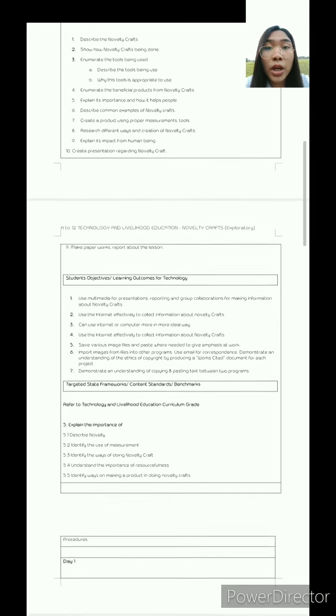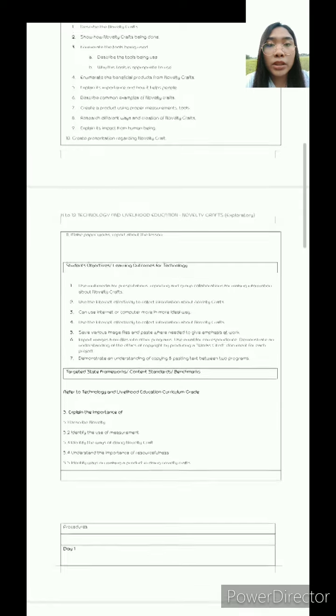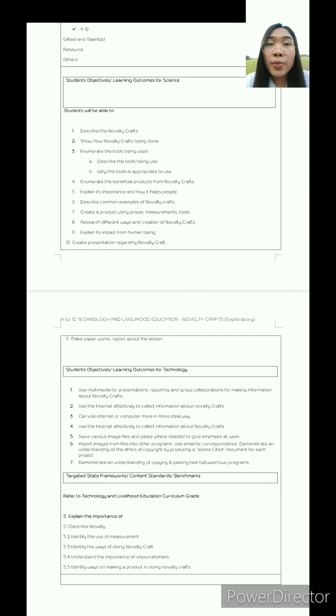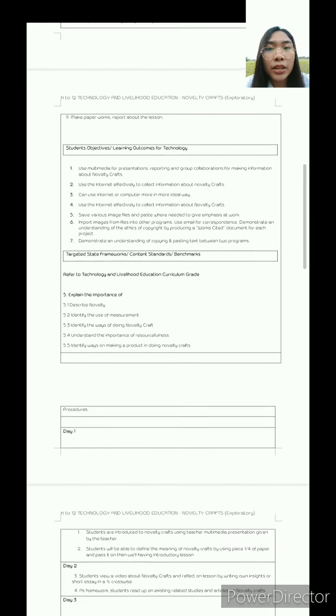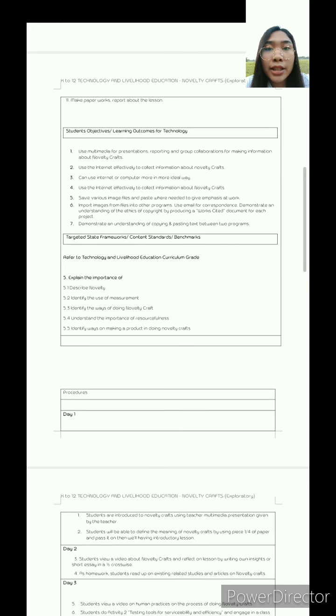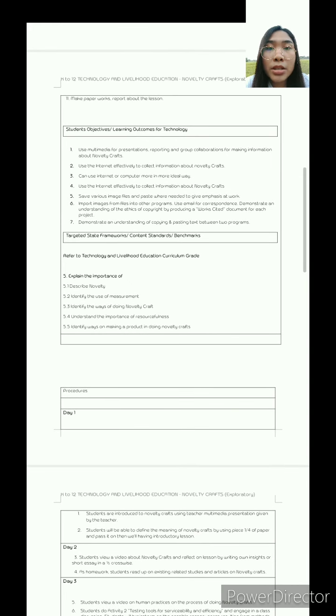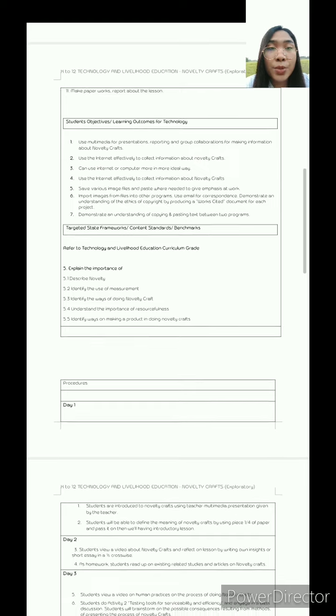Next are the students' objectives or learning outcomes for science, and for technology, because students will not only learn novelty craft itself, but also science and technology. And also the targeted state frameworks, content standard, and benchmarks.